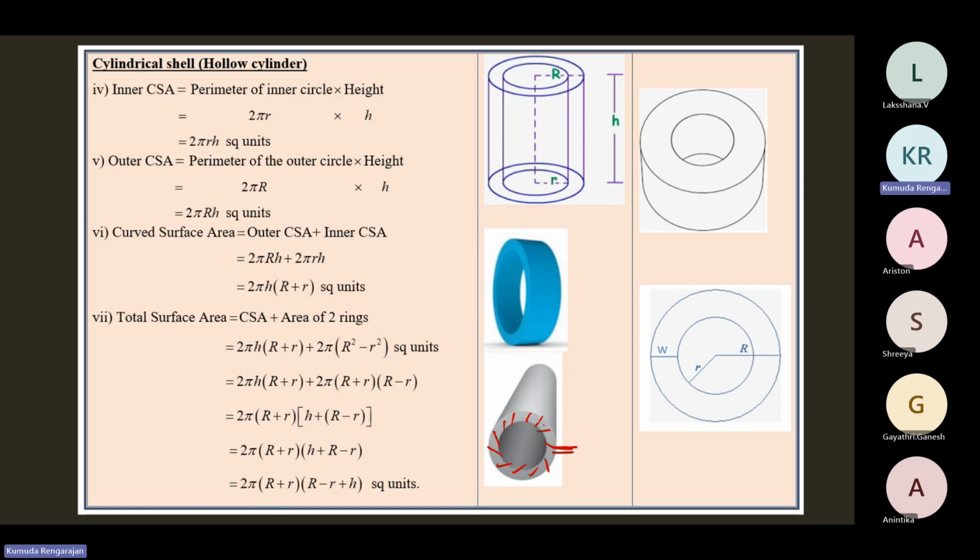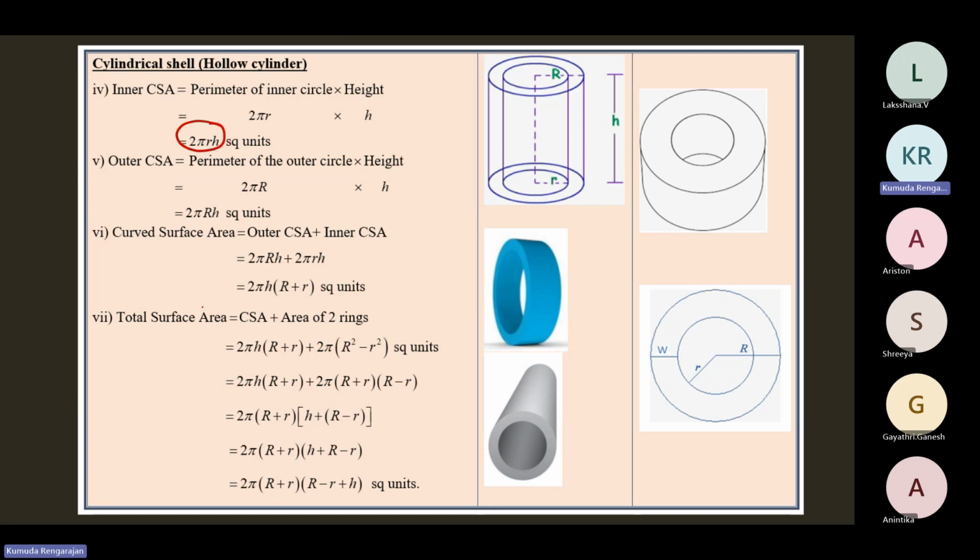So if you have to find the total surface area of this pipe, you'll have to find four surface areas. That is the inner curved surface area, the outer curved surface area, and the area of one ring into two to find the area of two rings. You should find the inner curved surface area using this formula 2 pi small r h.